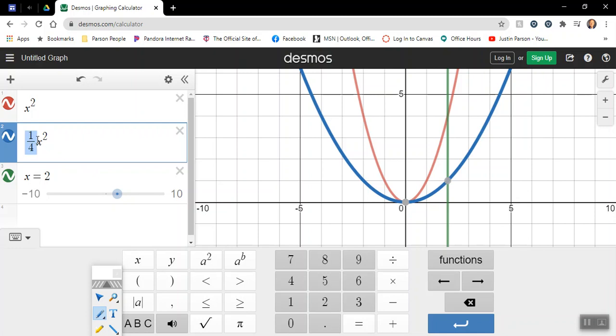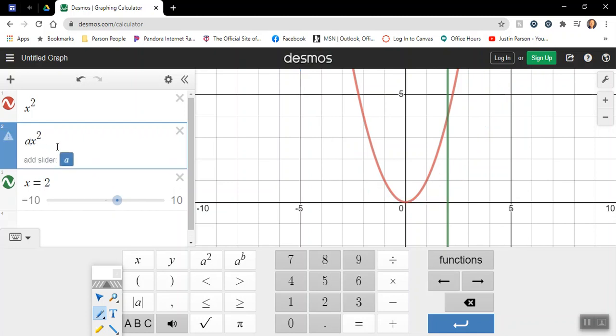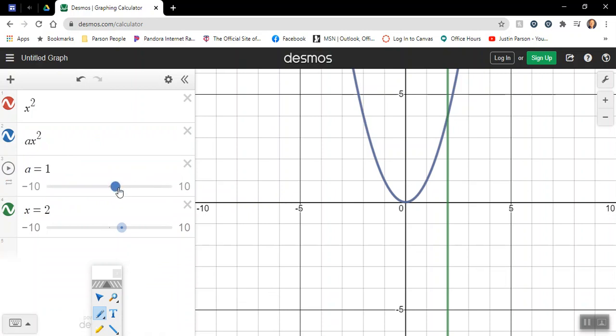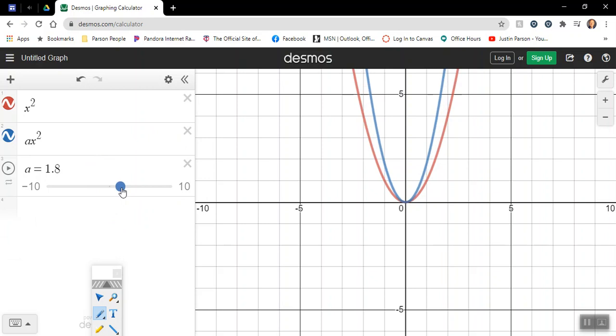Watch what happens here, kids, just to kind of get used to this. If I put in ax squared and add a slider to this, watch what happens. This is pretty cool. The red one's the original graph. I'm going to get rid of this. If I make A values be bigger than 1, are my points pulling away from the x-axis or getting closer? They're pulling away, aren't they?